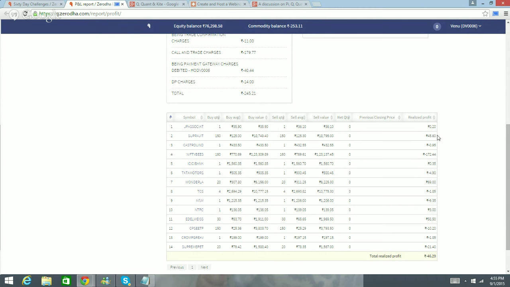What is the issue this can cause? Is there an opportunity in this? This is basically called bonus stripping. When a stock splits, if Infosys splits one share of 2,000 into two shares, the cost value of the two shares is actually 1,000 rupees.